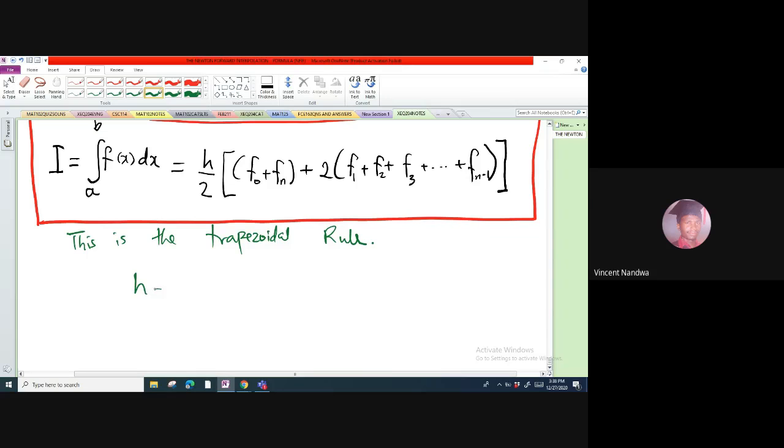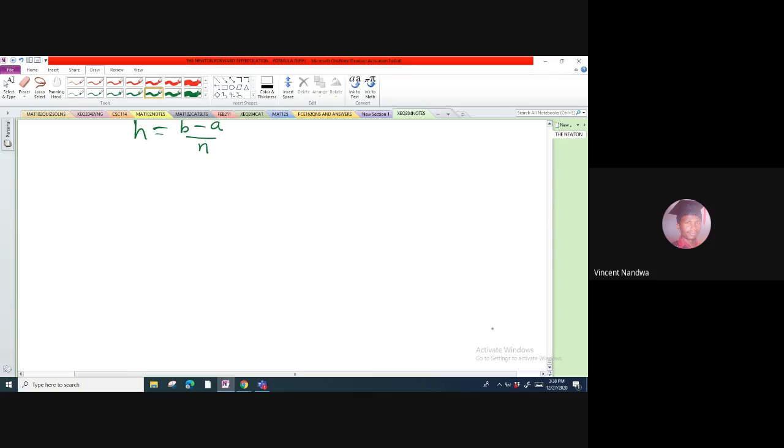So remember, h is given by b minus a over n. And then number 2 is what we call Simpson's one-third rule.